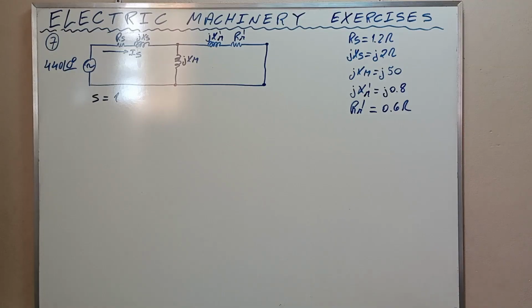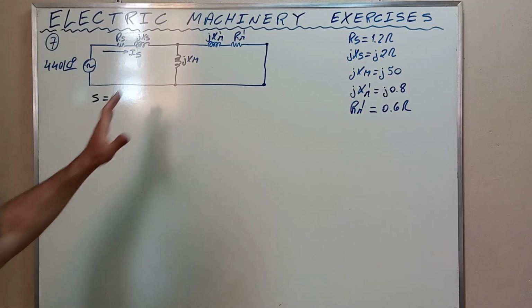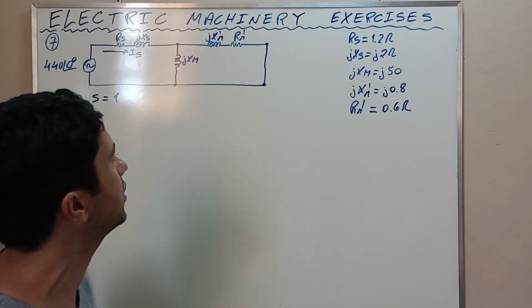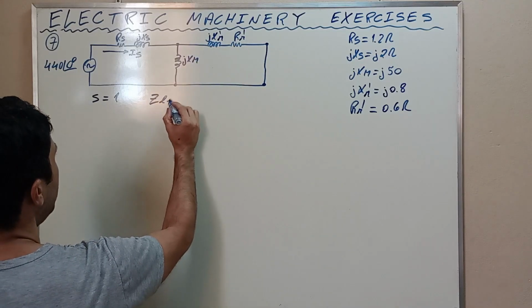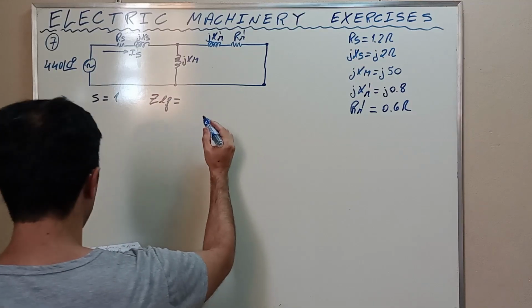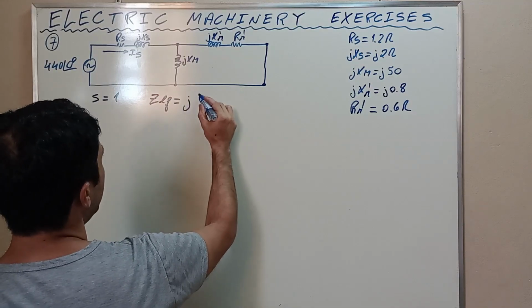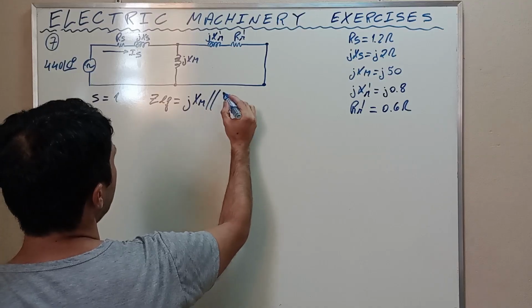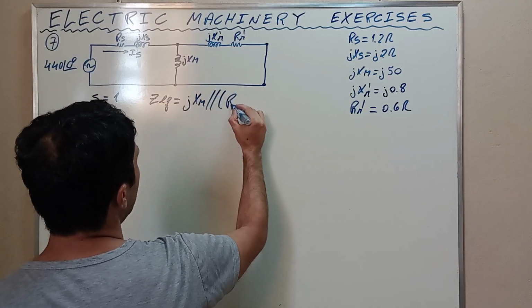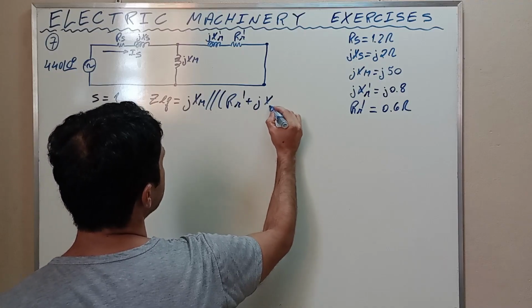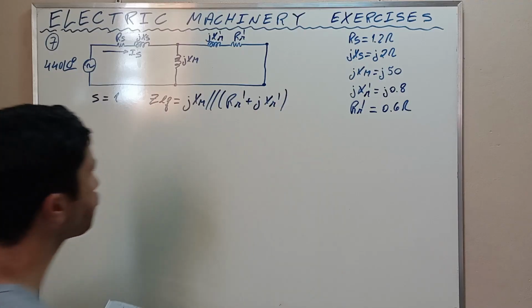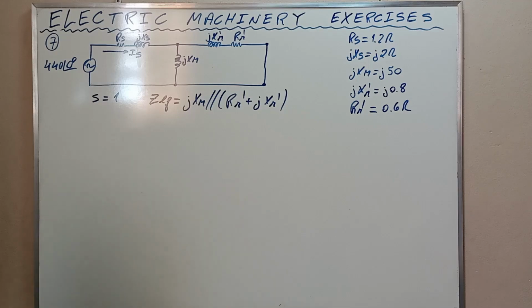Now let's bundle some things together. We are going to bundle these resistances together and call it the equivalent impedance, which is jXm in parallel with R' plus jXr'.